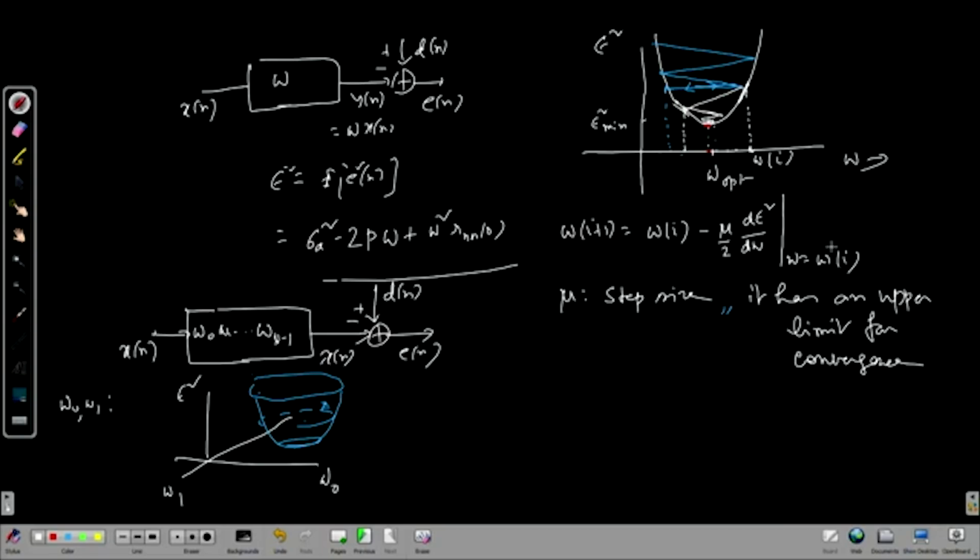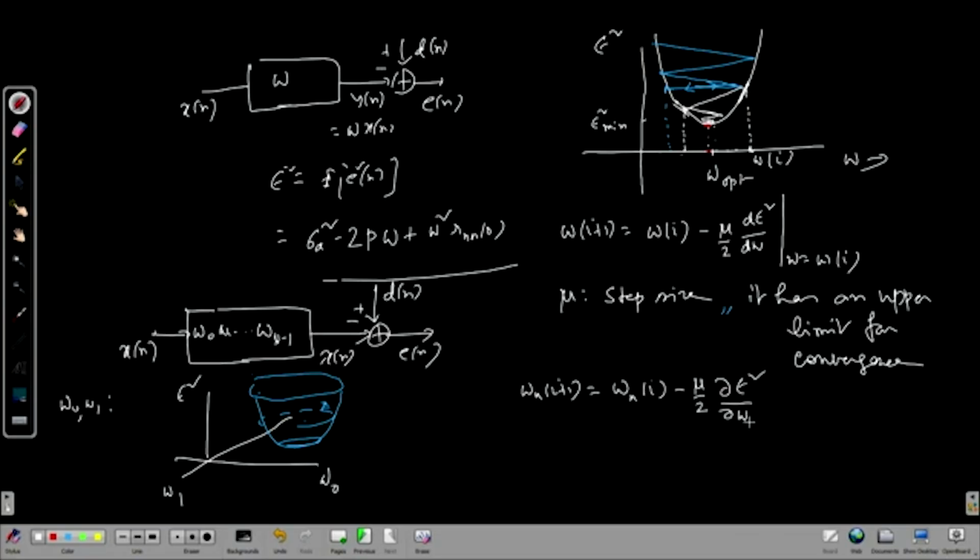Okay, this is W0 I, this is W1 I, this is Wn minus 1 I, their values at the ith iteration. So, standing there at W, I find the gradient and subtract, that is for W0. In general, for any Wk, it will be Wk I plus 1 equals Wk I minus mu by 2 times the partial derivative, now, because it is a function of so many weights, not one.